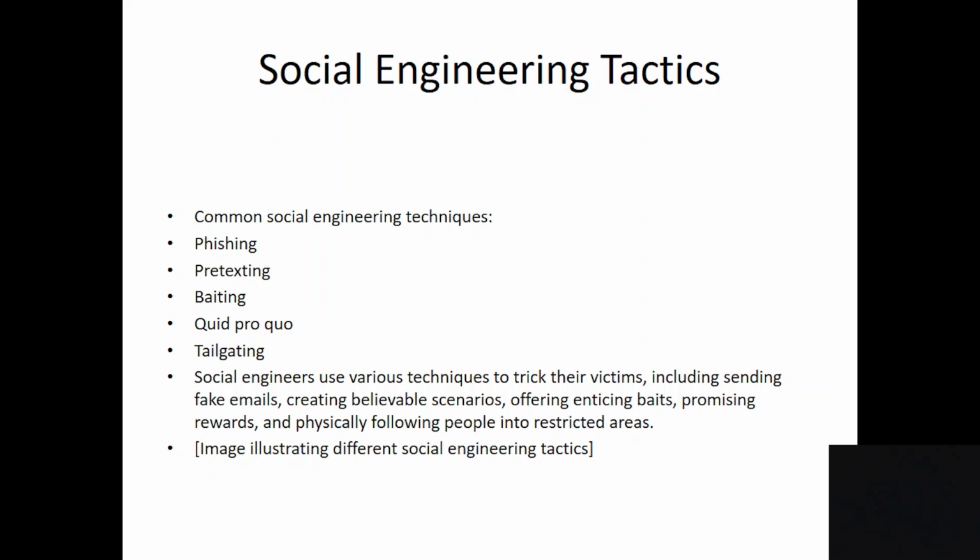Social engineering uses various techniques to trick victims, including sending fake emails, creating believable scenarios, offering enticing or promising rewards, and physically following people into a restricted area. So many options are there. These are the tactics for social engineering.